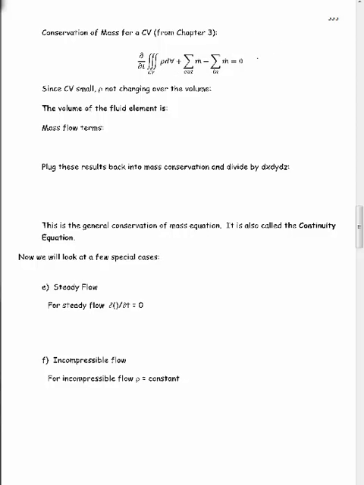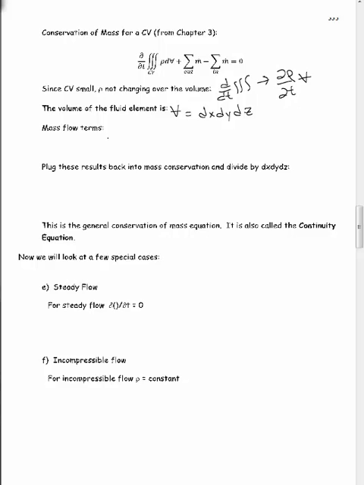So rho basically is going to be a constant with respect to volume, and so you could pull it out of that integral, and so our d/dt term with that triple integral is just going to go to partial rho partial t. Once we pull the rho out, the integral of dV is just V. Okay, but our V for this little tiny control volume is just dx times dy times dz.